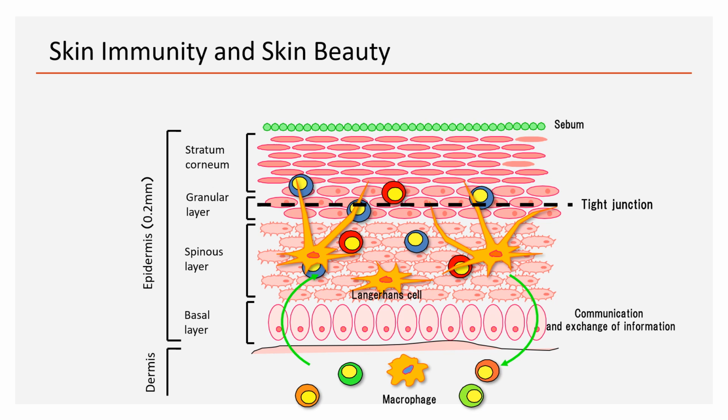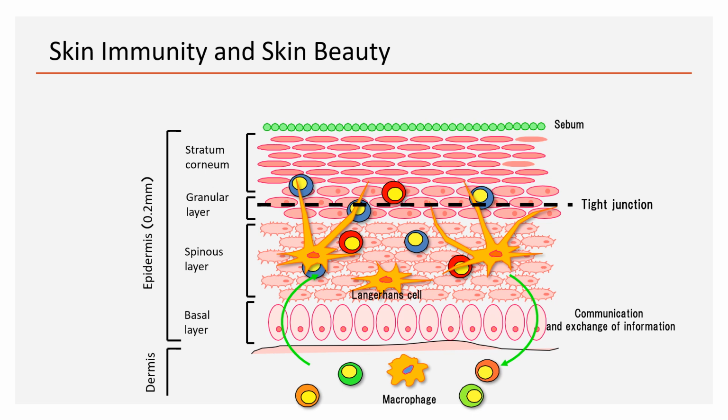It is made up of 4 layers, which are, from bottom to top, the basal layer, spinous layer, granular layer, and stratum corneum. These layers are formed by keratinocytes that are proliferated in the basal layer and migrate upward while changing their shape. The uppermost stratum corneum cells are dead cells without nuclei.